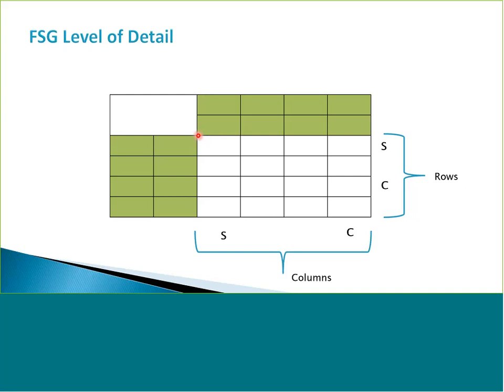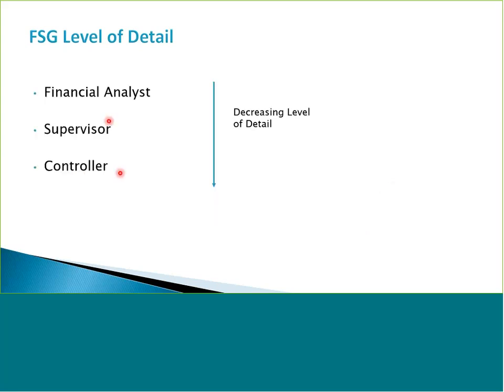So if you assign, for example, I actually have examples. Assuming we have assigned this level of detail, S for supervisor and C for controller. Remember that controller is lower than supervisor.